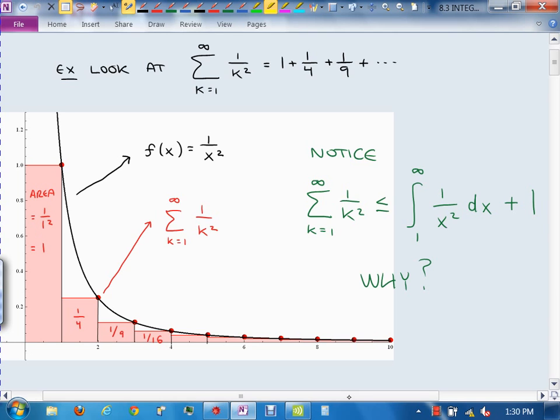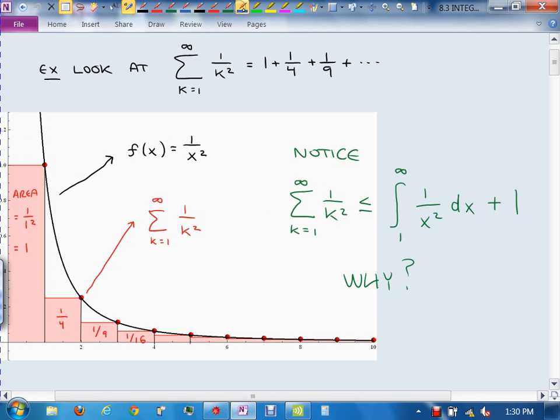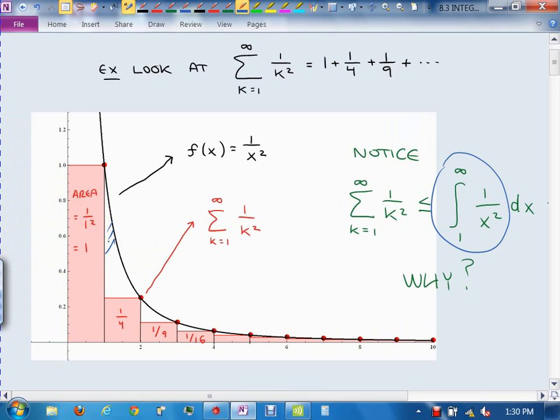So it's only less because of the plus 1? It's only less because of this. Like the area under the curve, right? If this integral right here represents everything under the curve, everything, including that white area, so it's more than I'm actually looking for, isn't it?